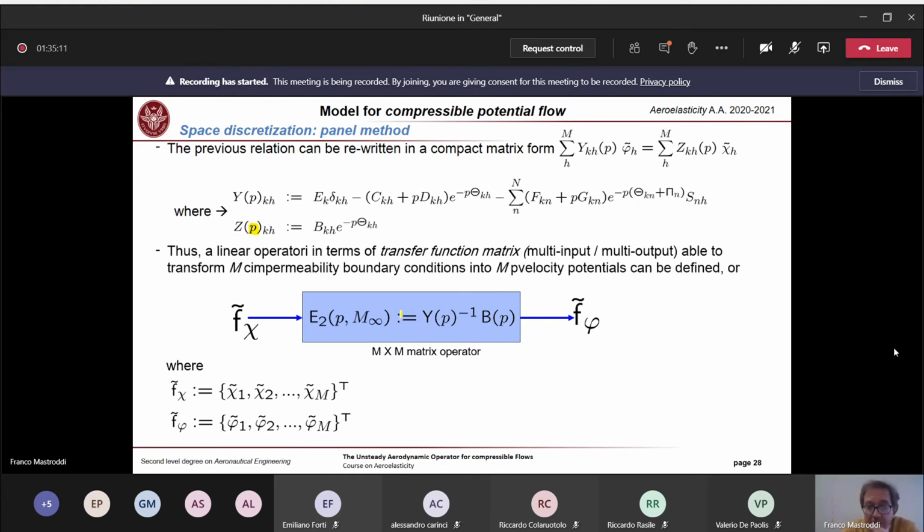Note that this matrix depends on p, but depends also on the Mach number. How does this depend on Mach number? Can you see the dependency on Mach number here? How are these quantities Y, zeta depending on Mach number?